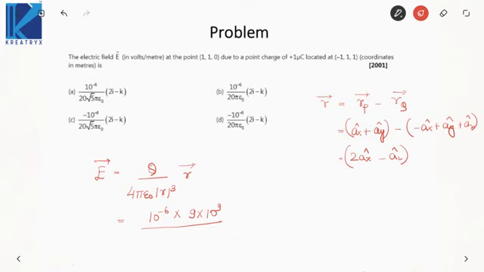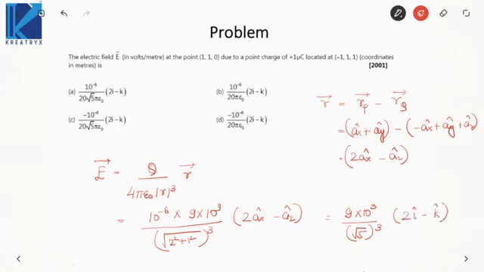Mod r cube, that is under root 2 square plus 1 square, that is mod r cube, into 2ax minus az. Okay, that will be the mod r. So how much will this come out to be? 9 into 10 to the power 3 divided by root 5 cube into 2 i cap minus k cap.